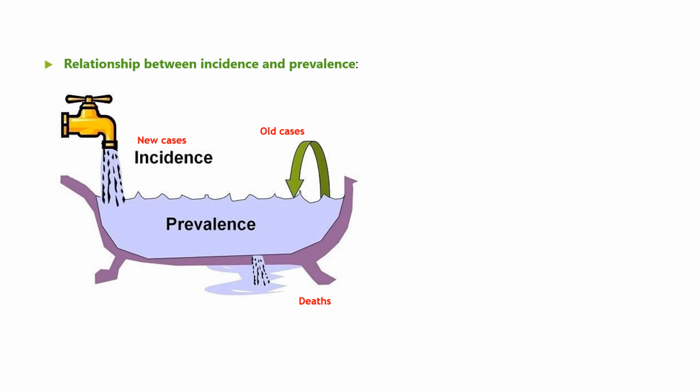The fresh water that is being poured through the tap is the flow of new cases. This fresh flow of water represents the incidence, consisting of the new cases adding to the total pool of cases. And prevalence is the total pool that has gathered in the bathtub. It consists of the new cases and the old cases, and the only thing that is deducted from it is the loss due to deaths.